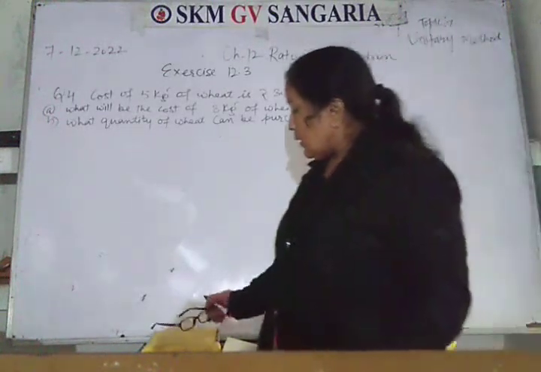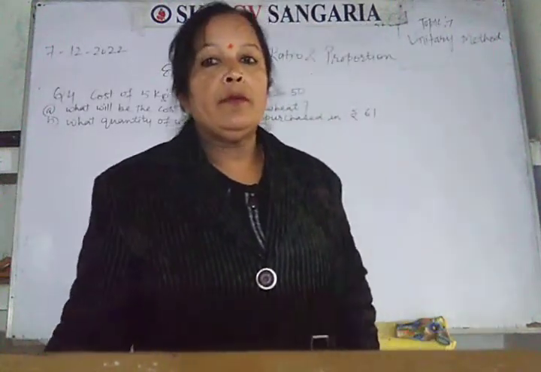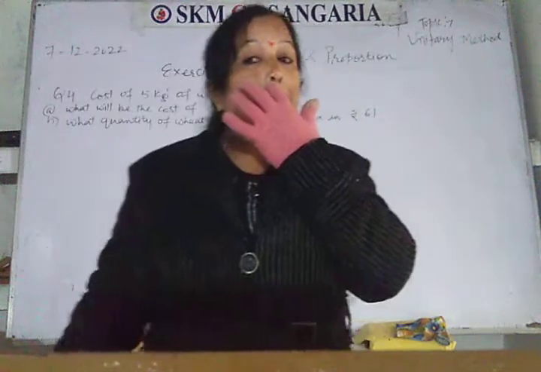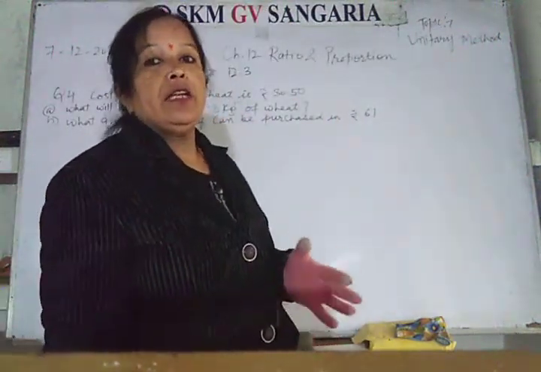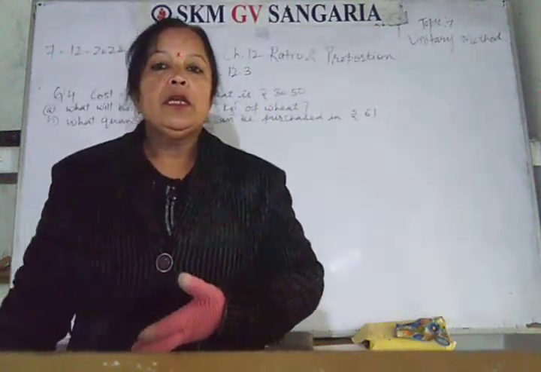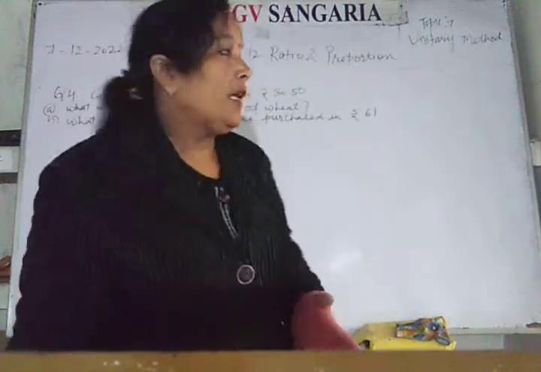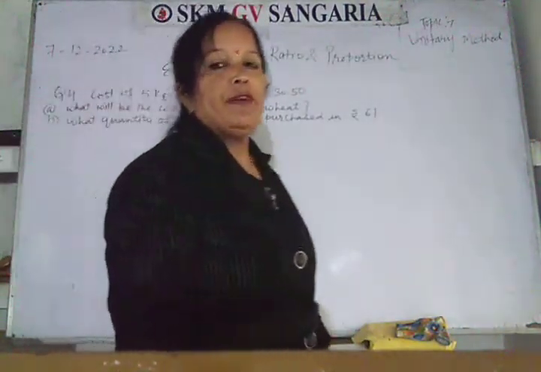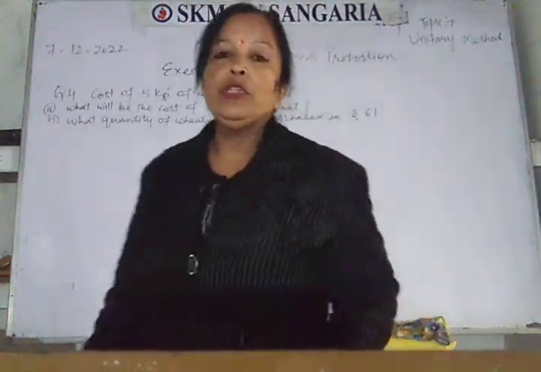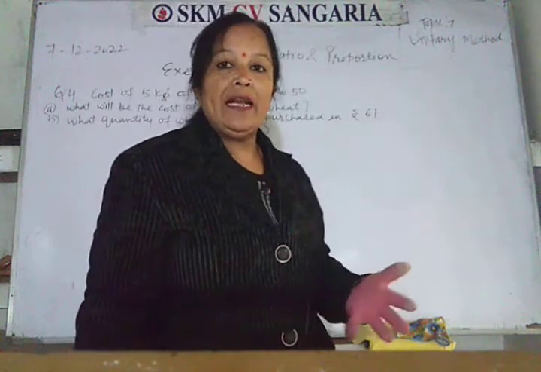First of all, in the unitary method, I have taught you that when the cost price of a particular commodity is given, suppose the cost of 10 liters of milk is given and you have to calculate the cost of 1 liter of milk, in this way we first get the cost price of 1, and then according to the question, whatever quantity is asked, we find the cost of that particular quantity.